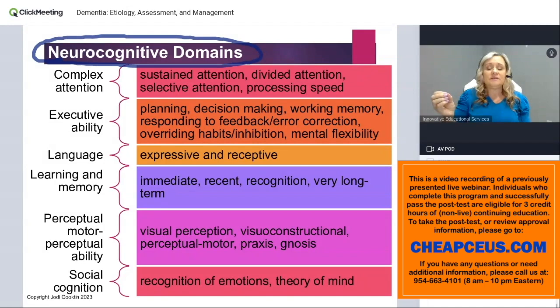So these neurocognitive domains that were introduced replaced the former terminology from the DSM of dementia and delirium, and it's not hierarchical. So you don't have one level of thinking progressing to another. It's more that we have the different areas that are going to interact. Yes, we have learning and memory, which was previously thought of as our base, but we actually see that things overlap.